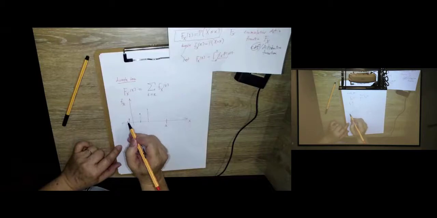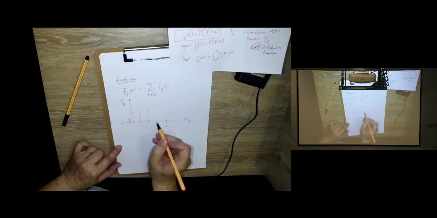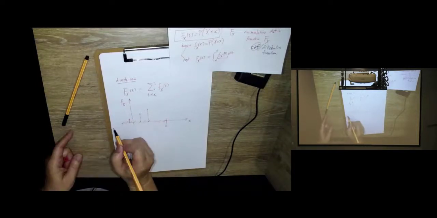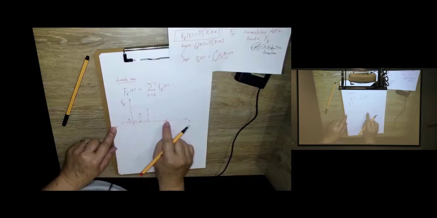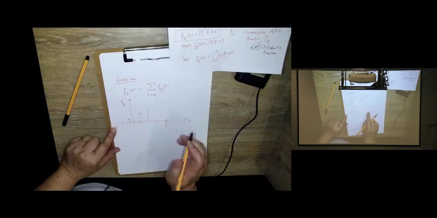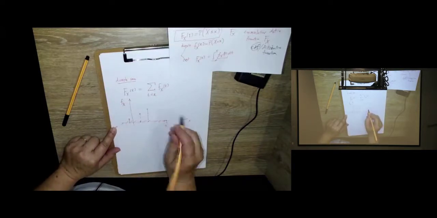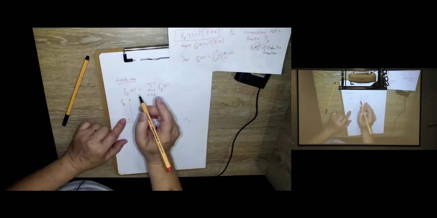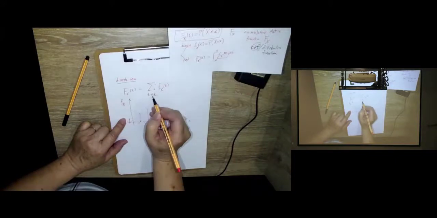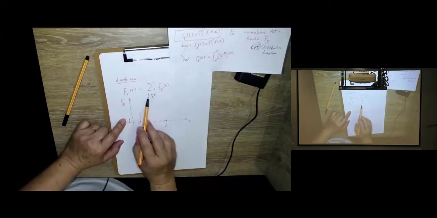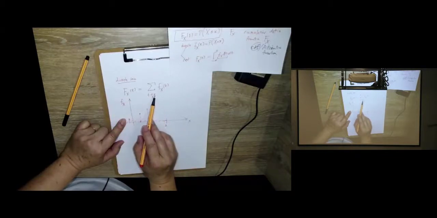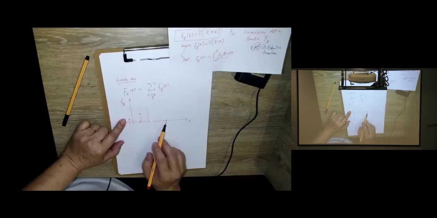you are picking up all the masses up to and including this point, all the masses that you travel from minus infinity up to here, including this point. Suppose there is a mass here, then you have to pick up this point as well. This is the meaning of less than or equal to. So if you happen to have something positive at t equal to small x, you have to pick it up as well.